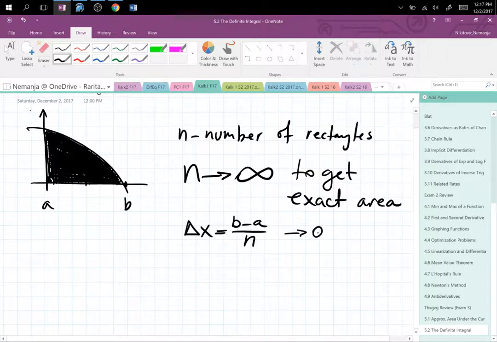So these rectangles are infinitely thin, and they're all crammed next to each other, and since they technically have no width, they cover all of the space, and they touch the function at exactly one point. Therefore, there is no room to create a little rectangle to get the error. So we are going to get the exact area with this.